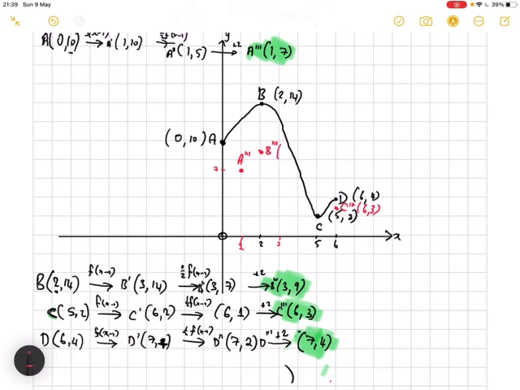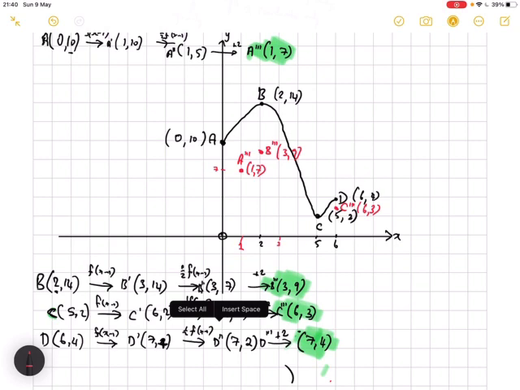Let's write in b as well. B was (3, 9). Notice if you are systematic and you write everything down, then there's much less chance that you make a silly calculation mistake. A''' was (1, 7). So we have (1, 7), (3, 9), (6, 3), and d was (6, 4), so d''' was (7, 4).